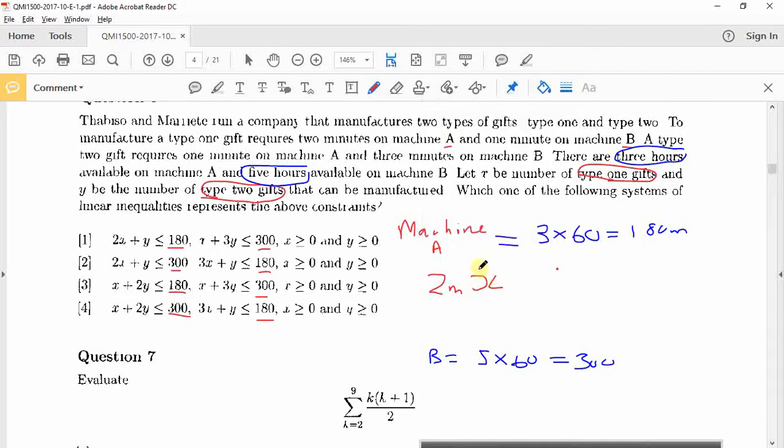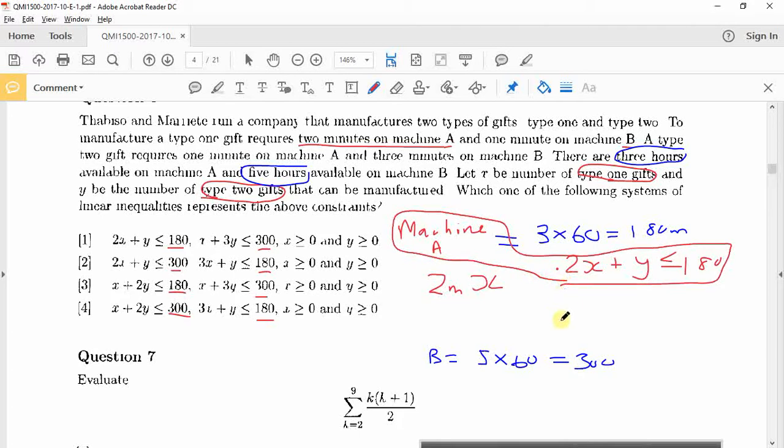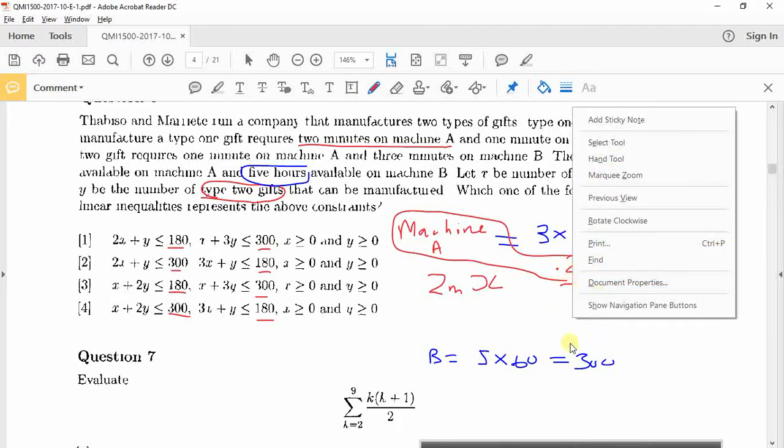So A requires how much? 2 minutes of machine A. So it'll be 2 times X plus, how much does type 2 require? A type 2 gift requires 1 minute on machine A. So 1 minute, must be less than or equal to 180 minutes. Right, that's the one. That's the machine hours. Does it make sense? Did you get that as well?